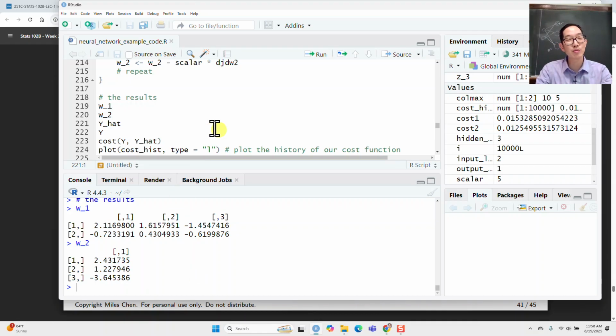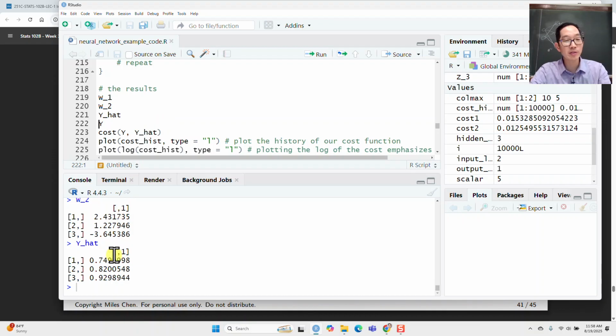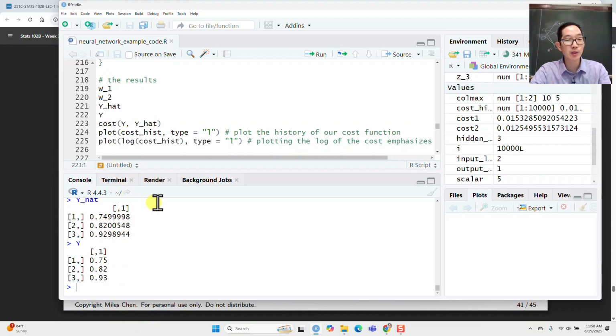We don't know. But what we will do is look at our predictions. So my Y hat values are this, and the actual values of Y are this. The actual values were 0.75, 0.82, and 0.93, and after 10,000 iterations, I got 0.749998, 0.82005, and 0.92989.